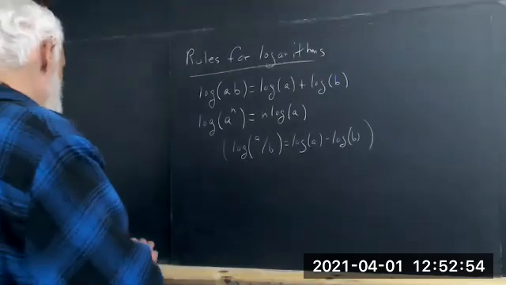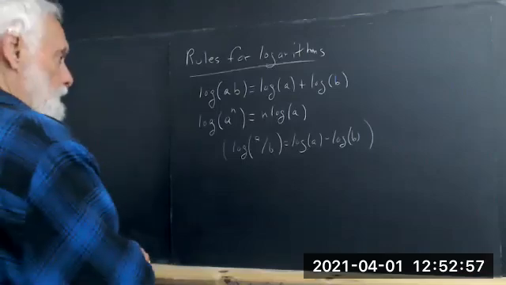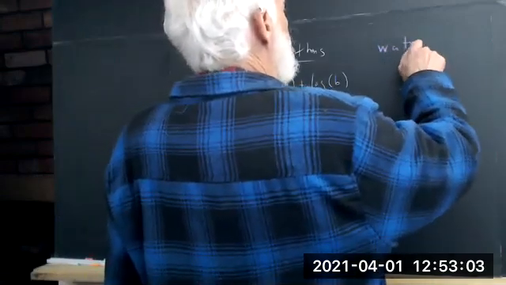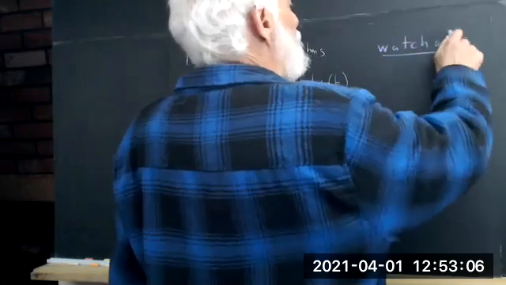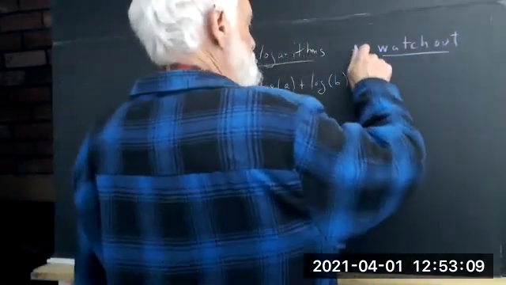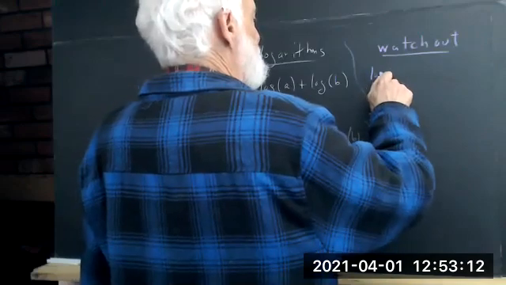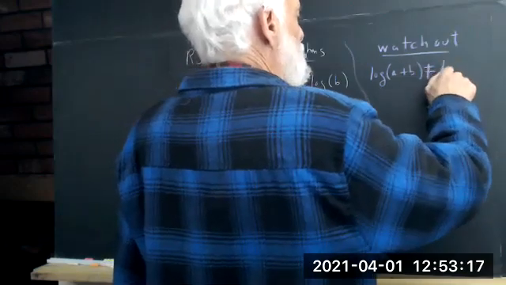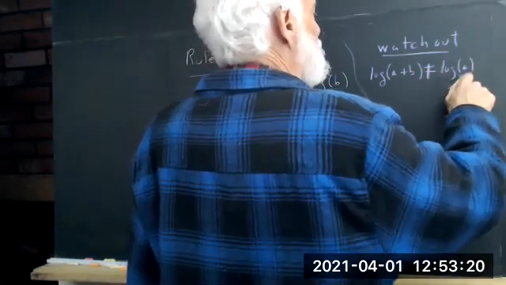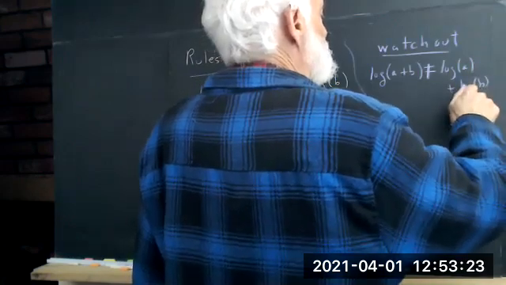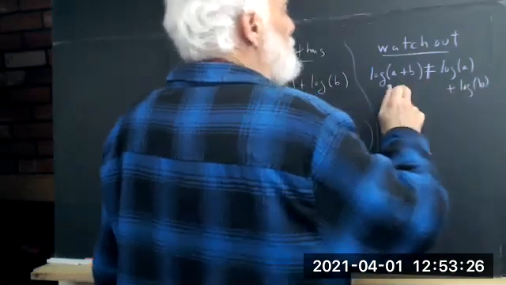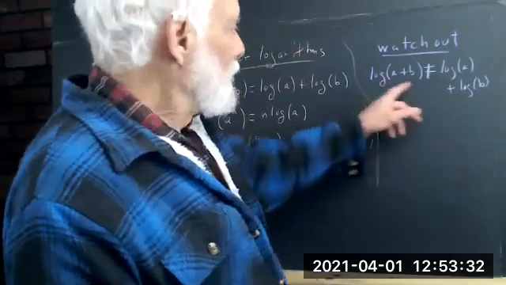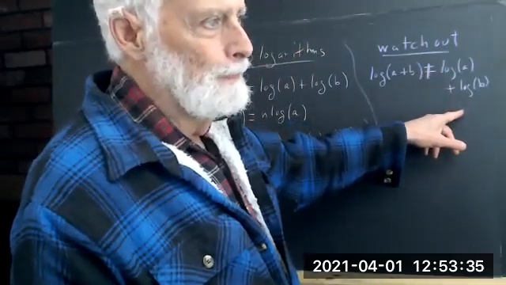Now, a couple of false rules. I'll put a watch out here. Watch out. The log of A plus B, you're used to the distributive law. It looks like that ought to distribute to give you log of A plus log of B, but it's not so.